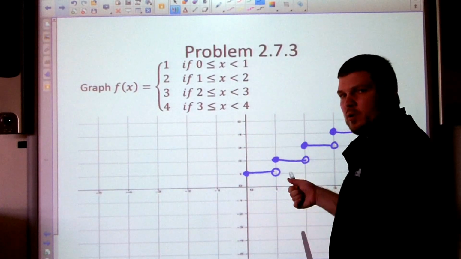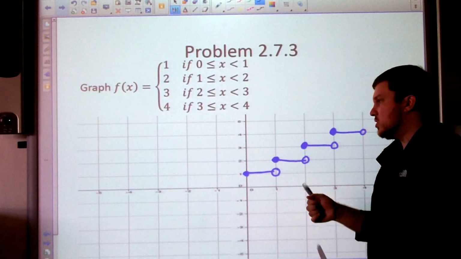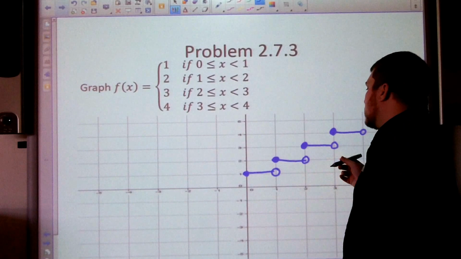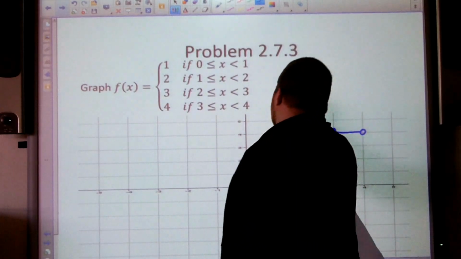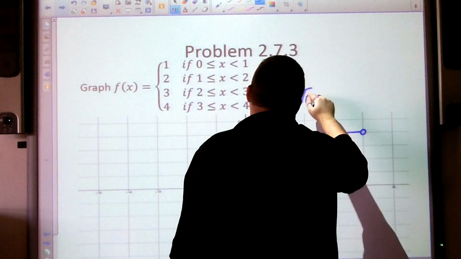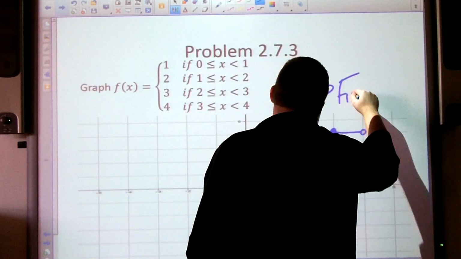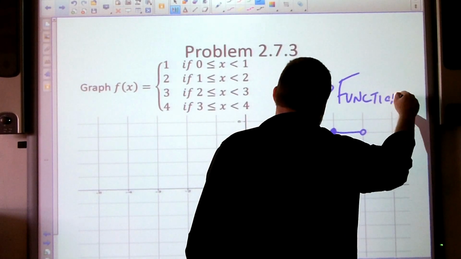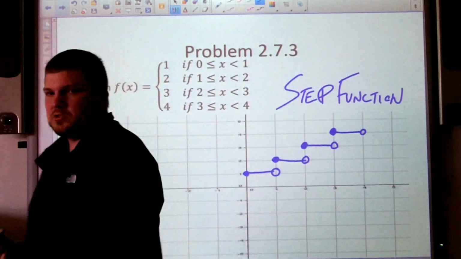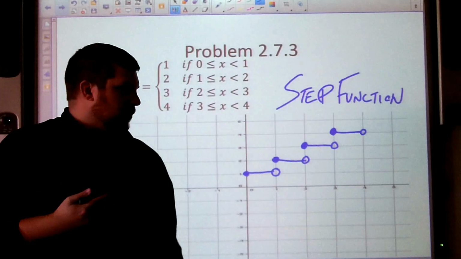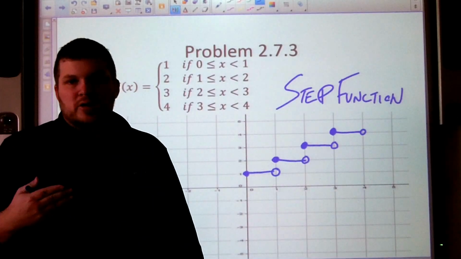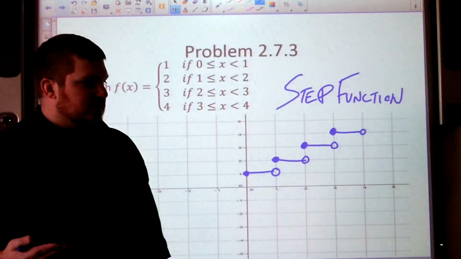There's exactly one y for each x. The x's do not repeat. So this is called a step function. And this is used a lot, like when phone companies bill your minutes for how long you talk on your cell phone and stuff like that.